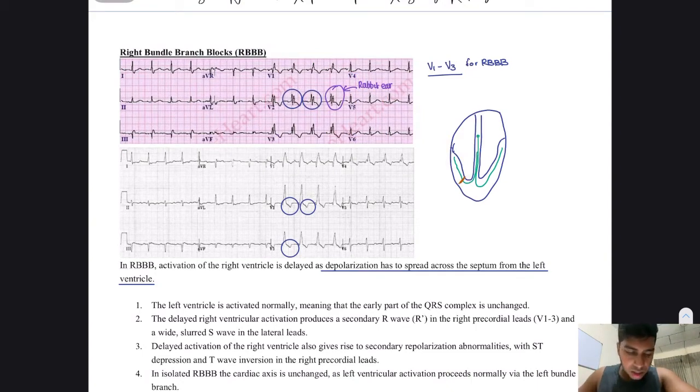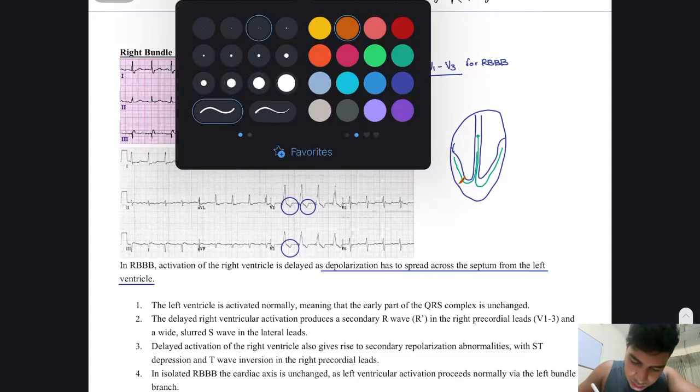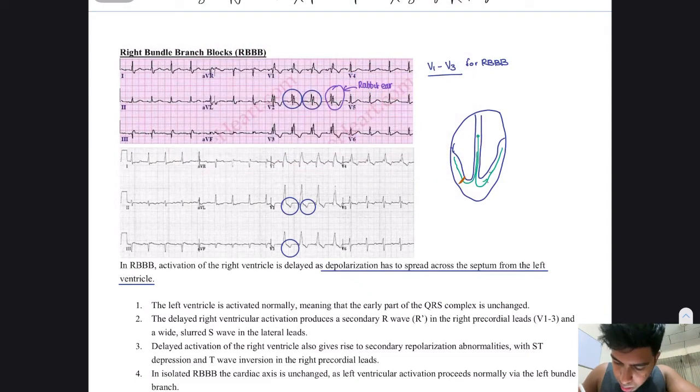If there's a block in the right bundle of His, the signal will go as normal to this side and the signal will stop here. So the left ventricle will contract, the right ventricle cannot.